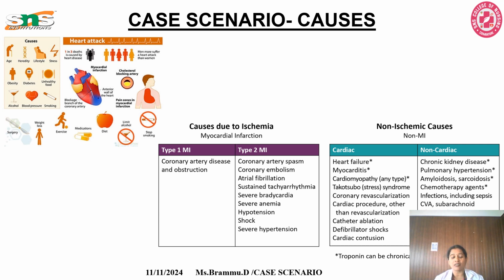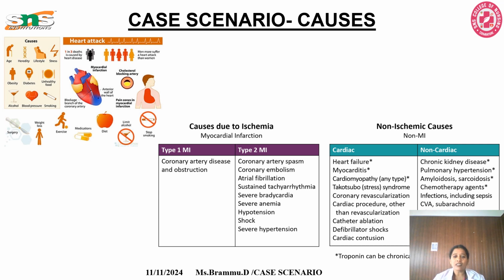Shock is a condition where there is decreased blood supply to the tissues, which go into hypoxia and thereby end up in cardiac arrest. In severe hypertension, bleeding inside the chambers of the heart can have an indirect impact, leading to myocardial infarction.